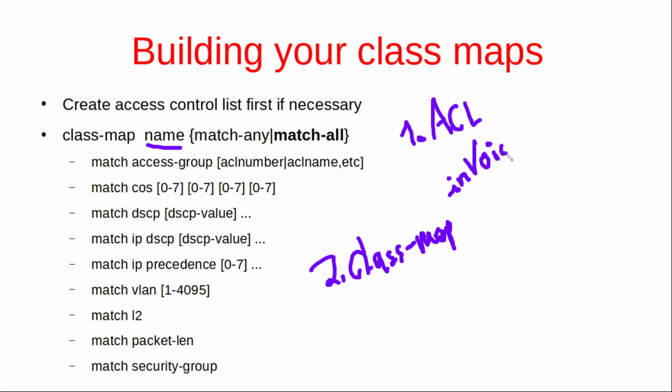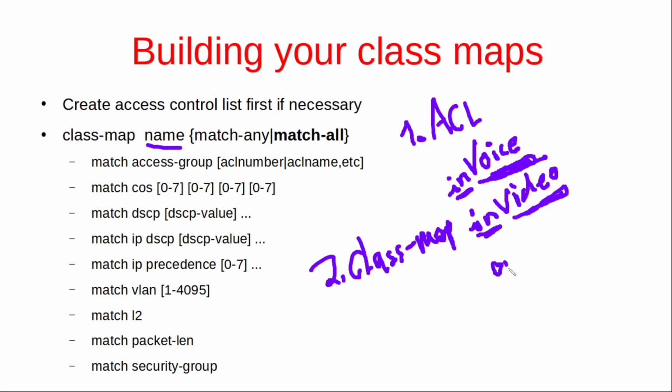So this name tells me that I am going to use this for incoming traffic into a port, and I'm going to try to distinguish voice traffic with this class map. Or I can use in-video. So this class map name tells me that this particular class map will be used for incoming traffic and in order to classify video traffic.